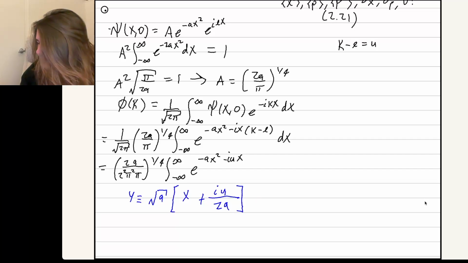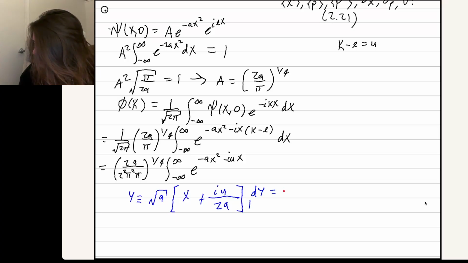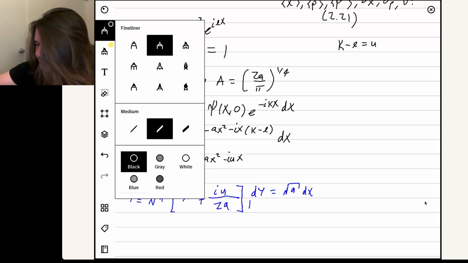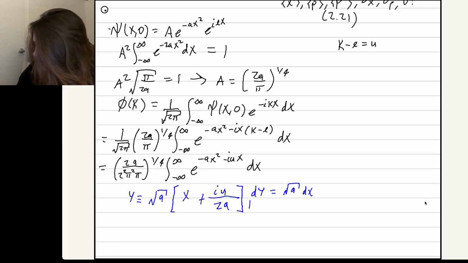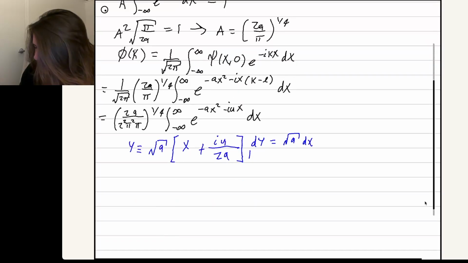And so with this variable transformation, we can do the differential of it. So dy will be just square root a times dx. And we can use that to simplify our integral. And so continuing to simplify the stuff out front, we now have a over pi to the thirds, 2 pi to the thirds out here.